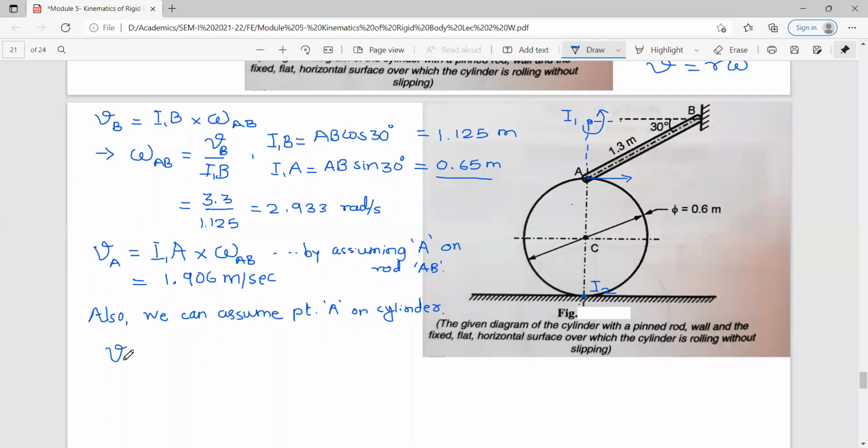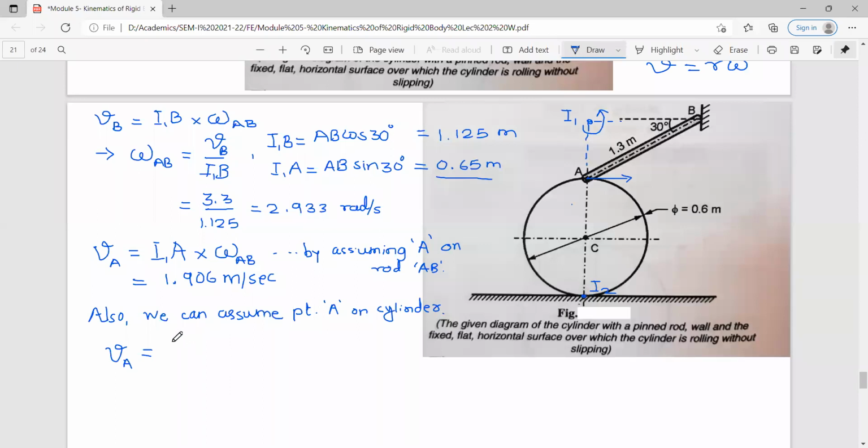Okay. So if we assume point A on the cylinder, how can we write the formula for velocity of point A? If point A is on the cylinder, you consider the ICR of the cylinder. The ICR of the cylinder C is I2.